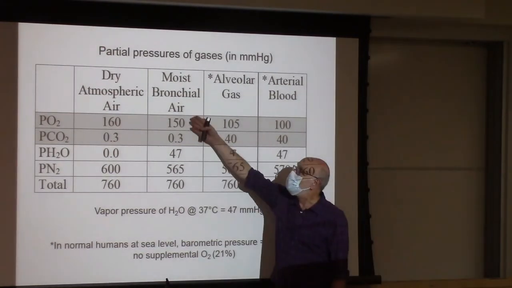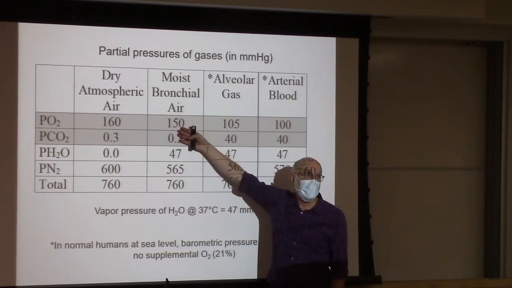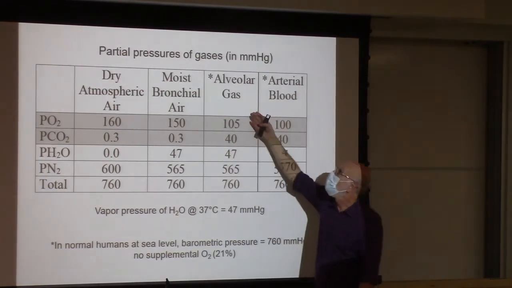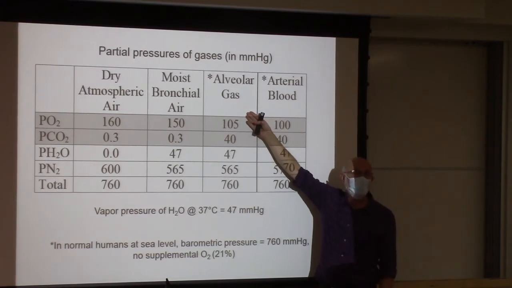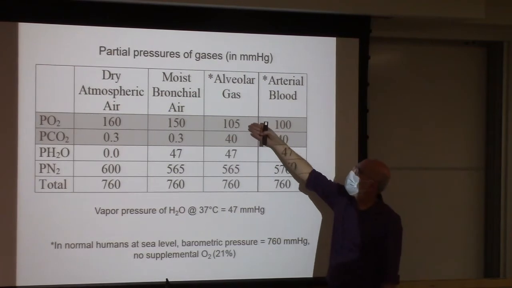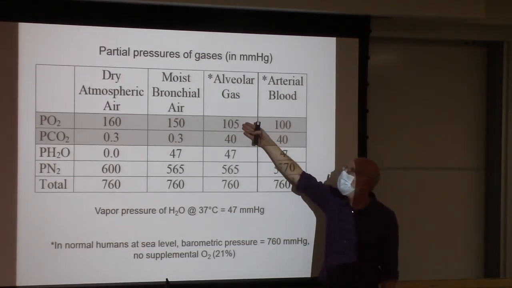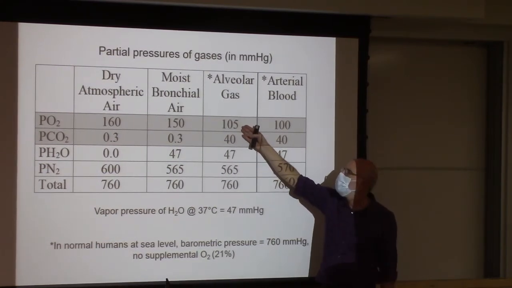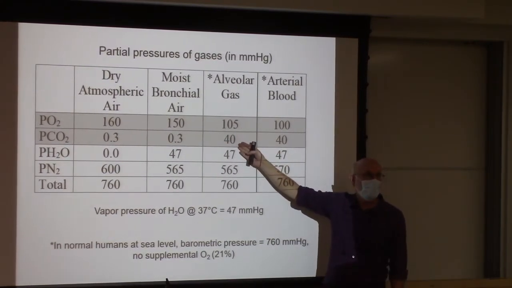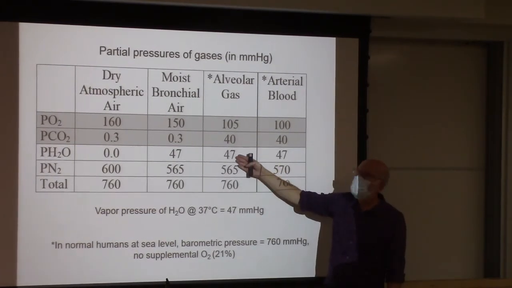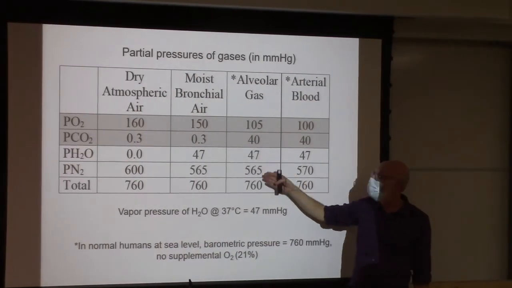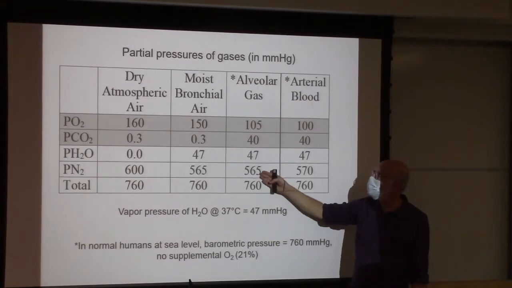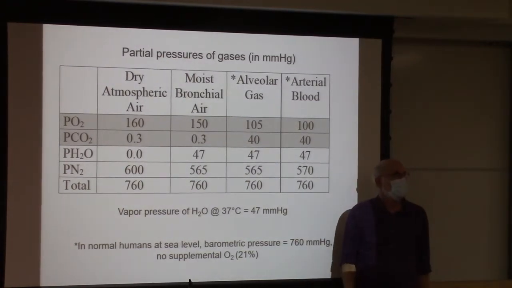So now, this is air in conducting airway, no gas exchange. This is gas in contact with blood where gas exchange is happening. And the partial pressure of oxygen in the gas in your alveoli is 105, typically. The partial pressure of carbon dioxide in the gas in your alveoli is 40. Total has to add up to 760, so whatever it does.